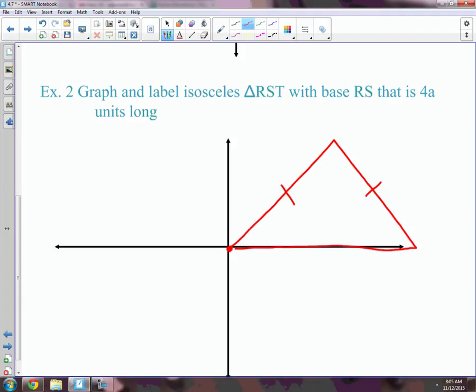Okay, now this one, it matters where I put my letters because they said the base was RS. In this picture, my base is that bottom line. So this is RS, and that leaves T for my vertex angle.